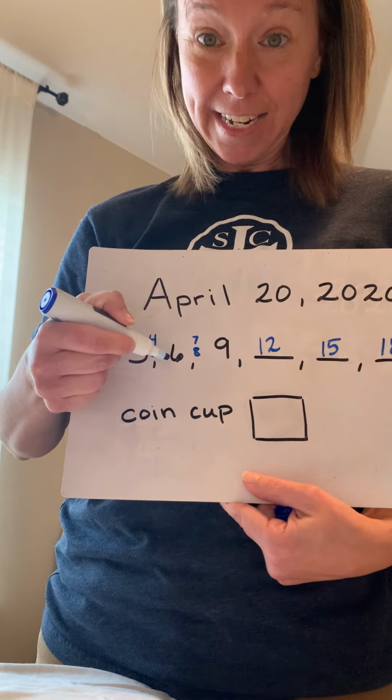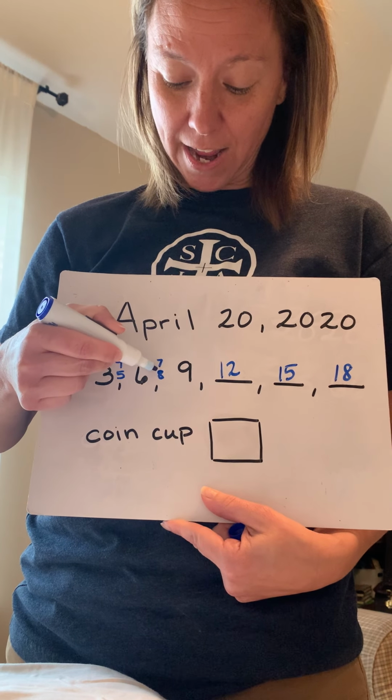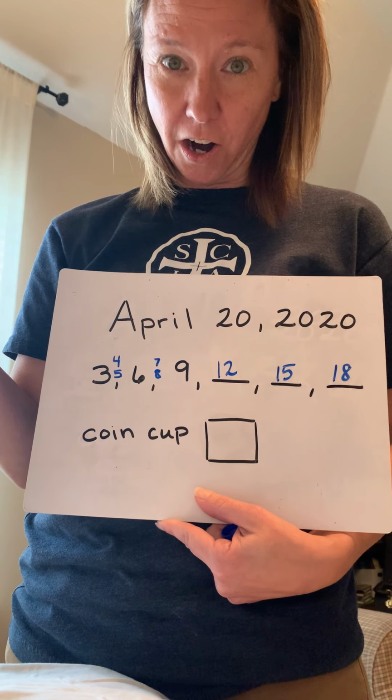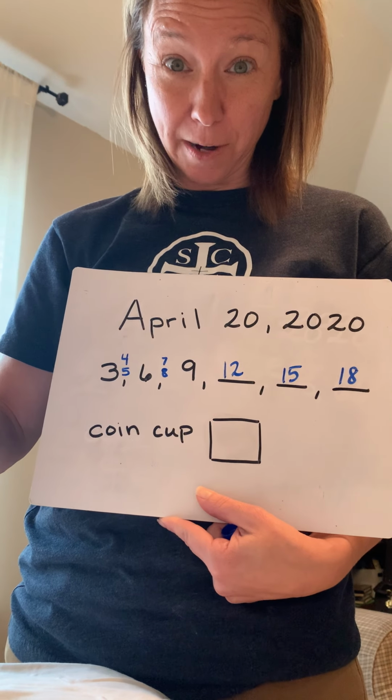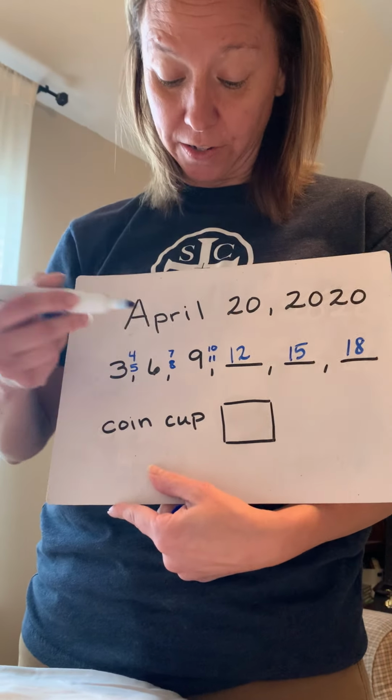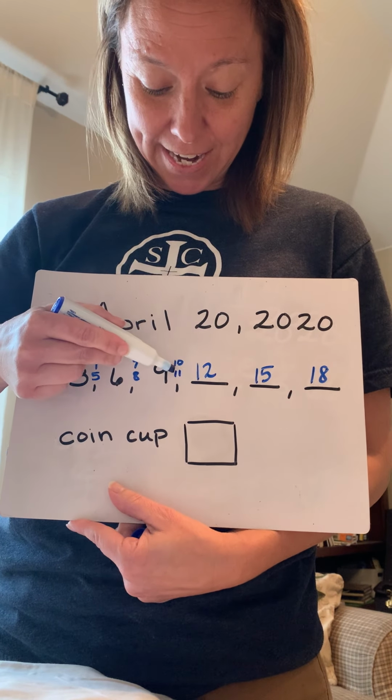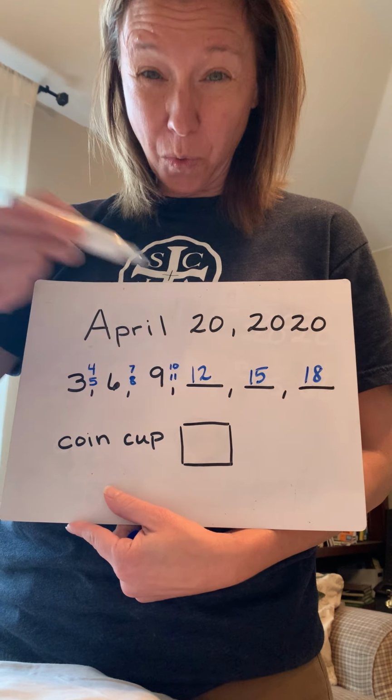All right, 6, 7, 8, 9. All right, let's do it again to get to the next number. 9. What two numbers? All right, so I have 9, 10, 11, 12.